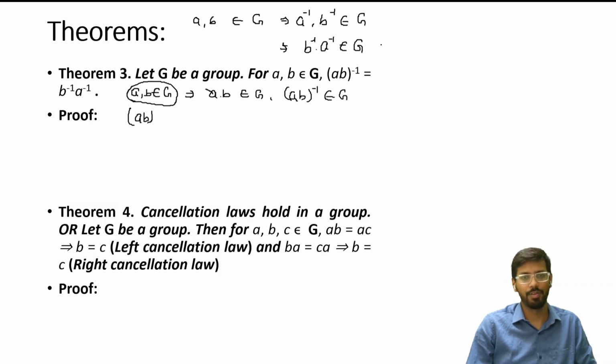Okay, so we will use this and we will use this. So AB is an element of group G and B inverse A inverse.